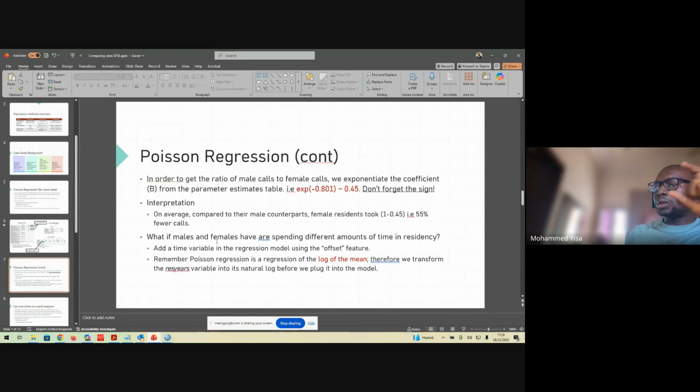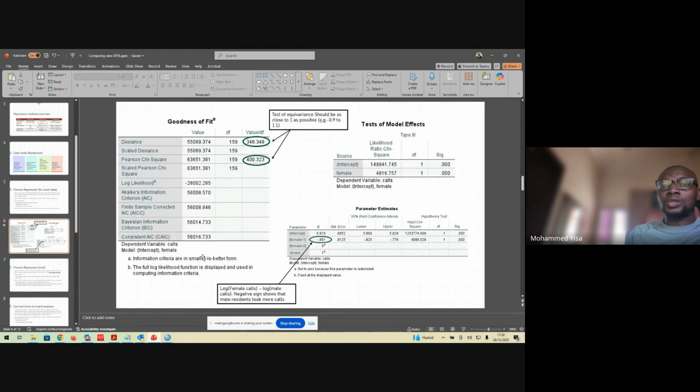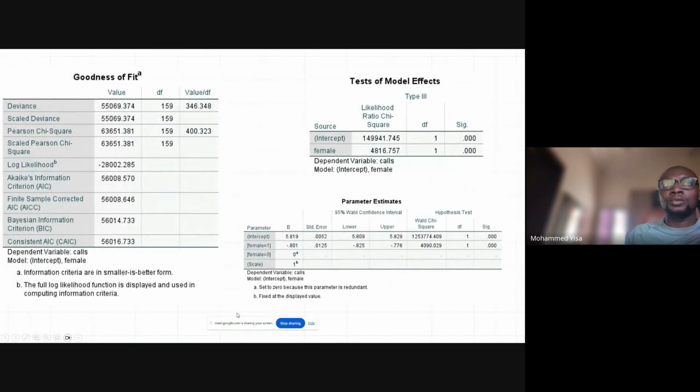But when you do log, you are converting difference into fraction. So that's the reason why I mentioned ratio here. So let me just go back to the output. I don't want to go all the way back to creating the table.